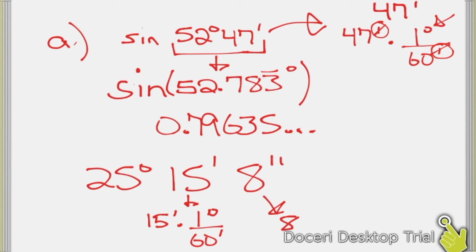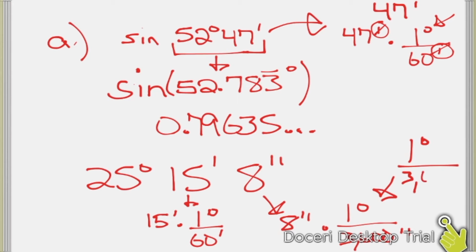You would take 8 seconds, and you would need the conversion rate for that, which is 1 degree for 3,600 seconds. And that's cut off by the desktop trial emblem there. So this fraction there is just 1 degree over 3,600 seconds. That's what that ratio is that you can't see there.